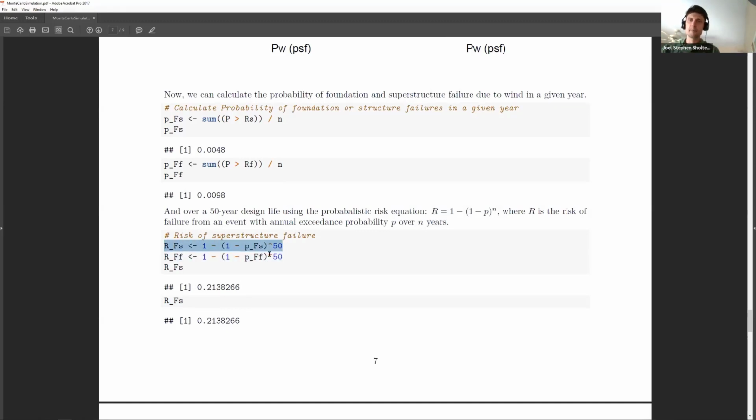Okay, so basically we simulated a derived distribution, and then we asked some design or probability questions of that, and we calculated the probabilities by summing up values that are above certain values we're interested in.